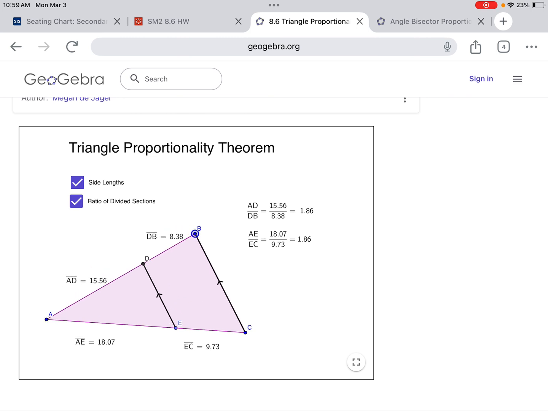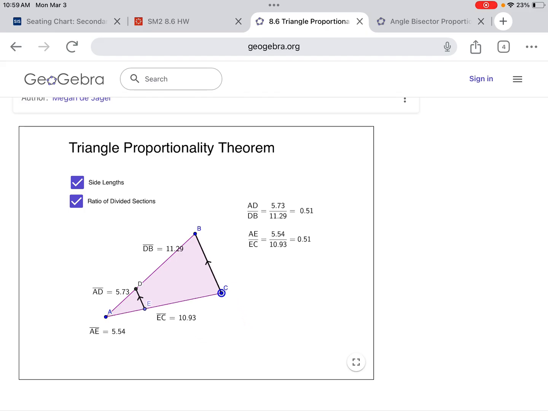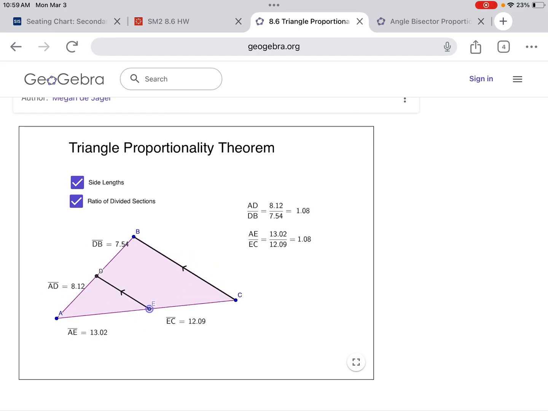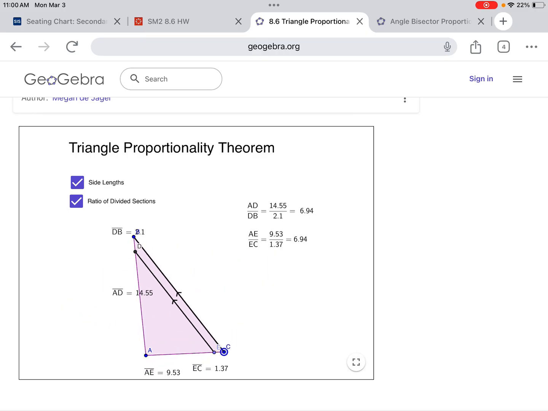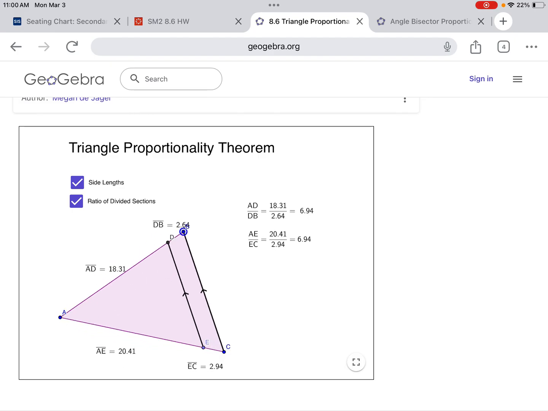It doesn't matter what those side lengths are, the ratio is going to be equal. Okay, so we have a few theorems that have to do with that, and you can even move this line, E, you can move this line, okay, and notice how even though that line is in a different place, the ratios still stay equal. I could move this way over here, and then I move the triangle around, and those ratios still stay the same.